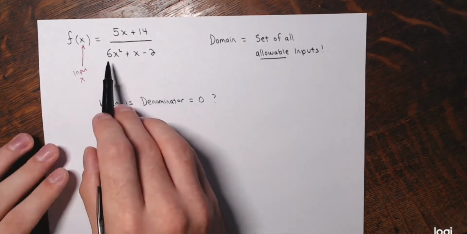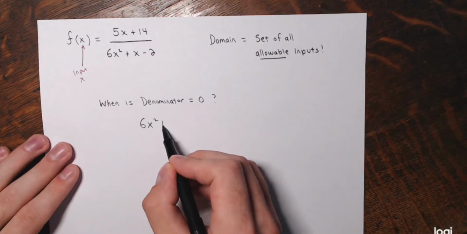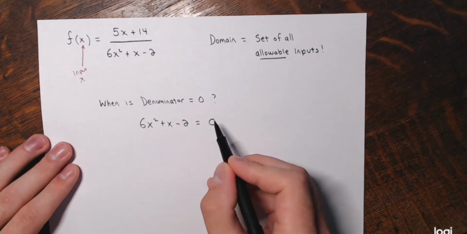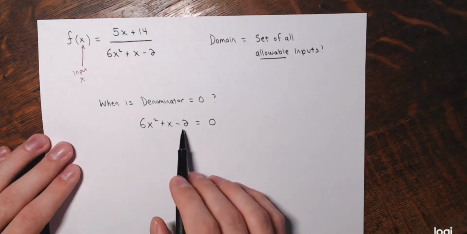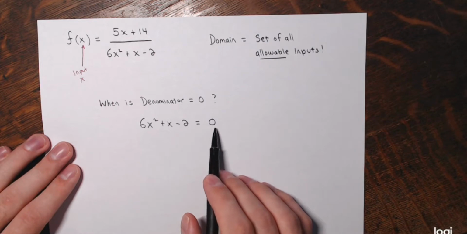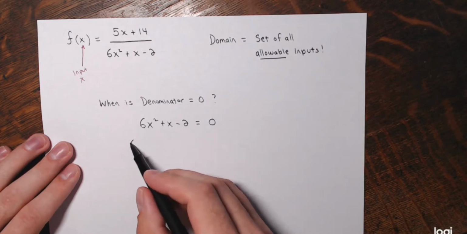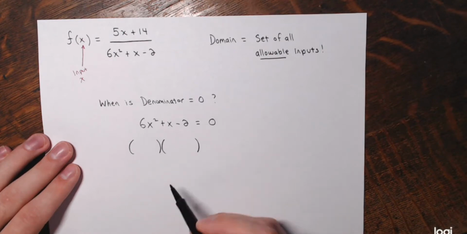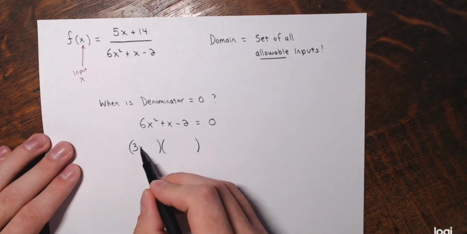All right, so just check in on the denominator. 6x squared plus x minus 2. When is this equal to 0? And I'm just solving a nice little polynomial equation here. Everything's on one side, 0 on the other. Fantastic. Factor this polynomial, which, let's see, I'd have to have a 3x in one of them, a 2x in the other.